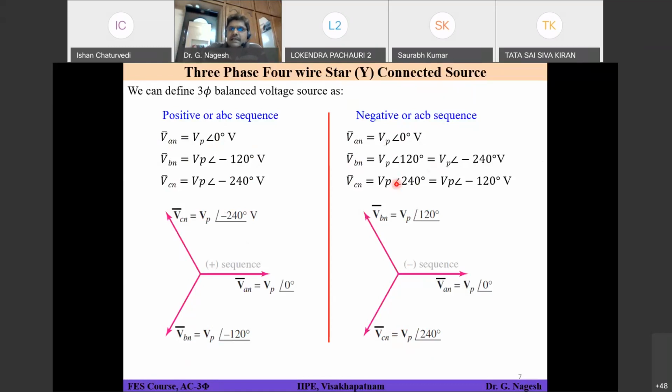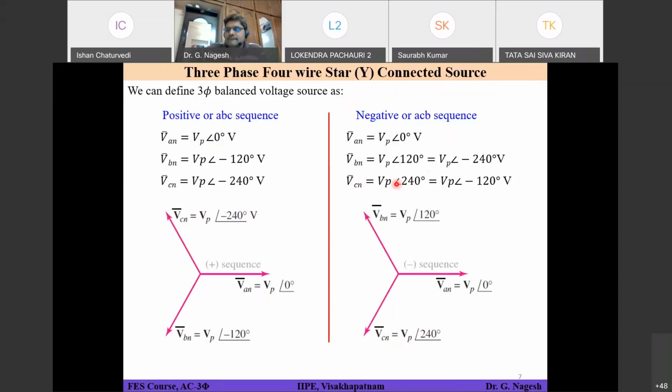It is 230 at an angle of 0 degrees, 230 at an angle of minus 120, 230 at an angle of minus 240. Since the 230 is the same in all three phases, I am representing it with a common letter, VP. P represents phase and V is your actual value, that means phase RMS voltage.